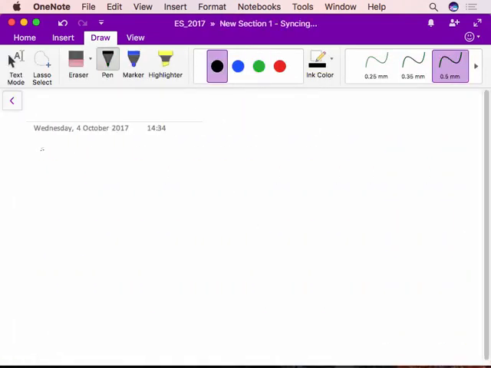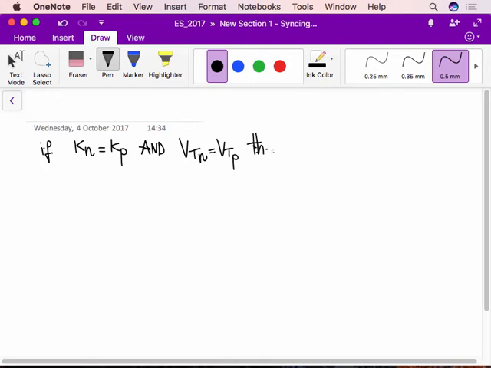So first let me write, if Kn is equal to Kp and Vtn is equal to Vtp, then we have that the TPHL is equal to TPLH, and this is what we want.